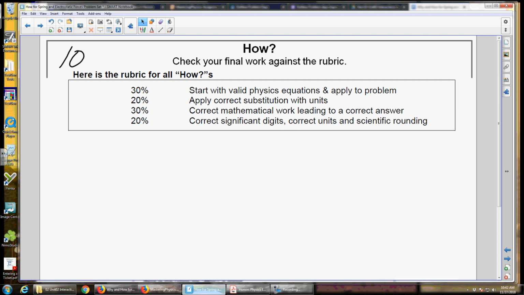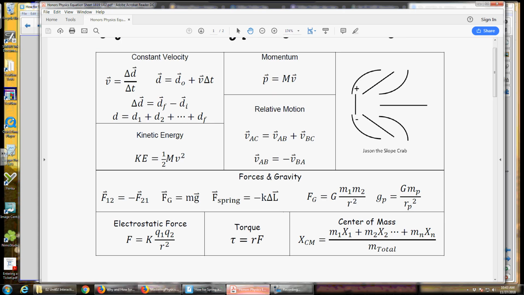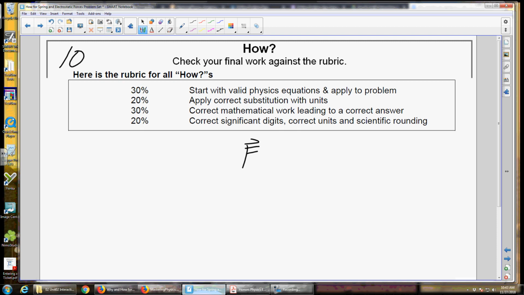All right, and so from our equation sheet, I'm going to grab Hooke's law. Can't remember, is there a sub S on that? There's a sub spring.